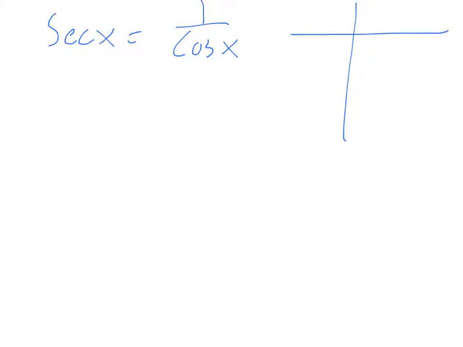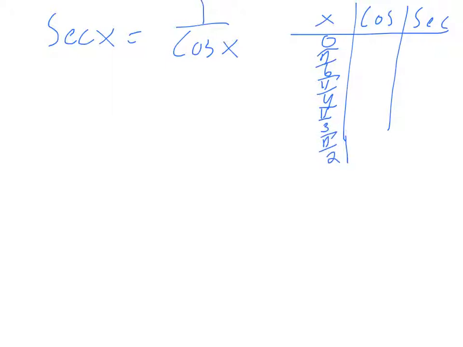For the graph of secant, we know it is just 1 over cosine. Right, and so if I go ahead and make a table of values here, just like I did before, x, cosine, and then secant, do 0, pi over 6, pi over 4, pi over 3, and pi over 2.